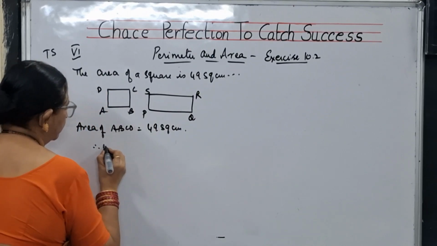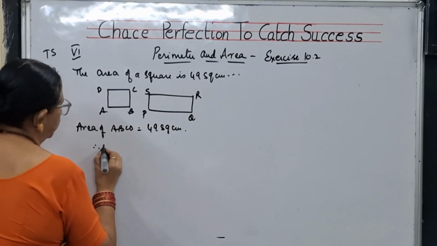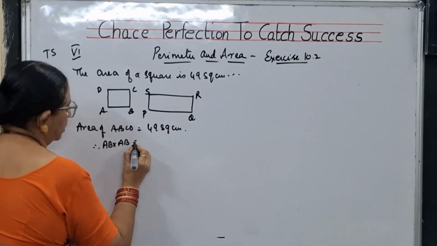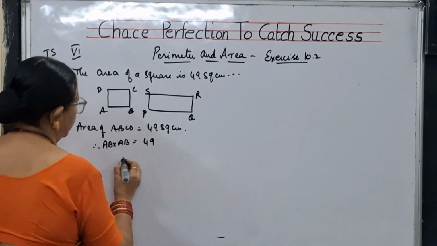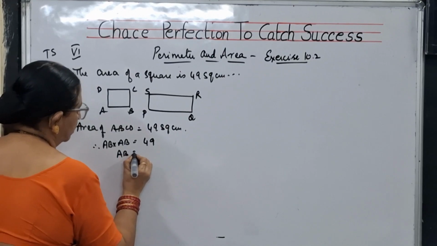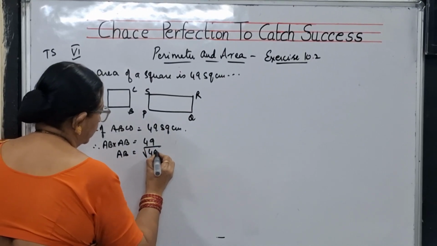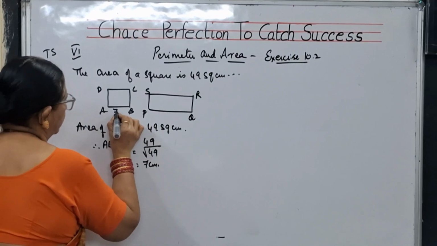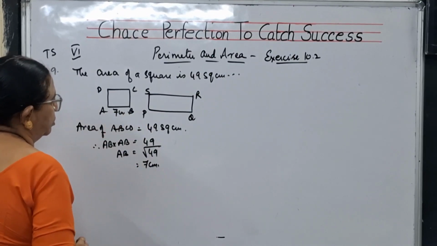That means what is area? Area means side into side. That is AB into AB. Any side you can take is 49. So what is AB, children? Root of 49. That means 7 centimeters. Each side is 7 centimeters.